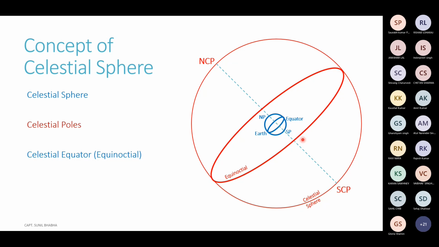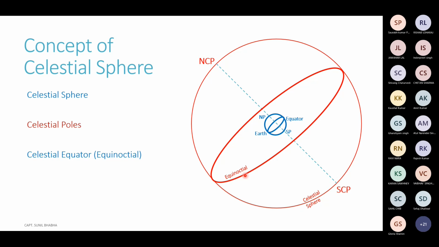So you can assume that there is a light source at the center of the earth, and the equator is casting its shadow on the celestial sphere, and that is also known as a projection. So this shadow, wherever it hits the celestial sphere, forms the great circle which we know as equinoctial.